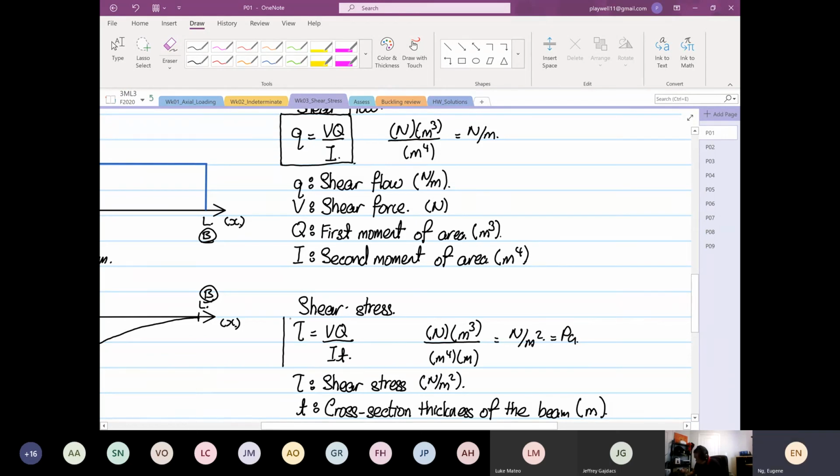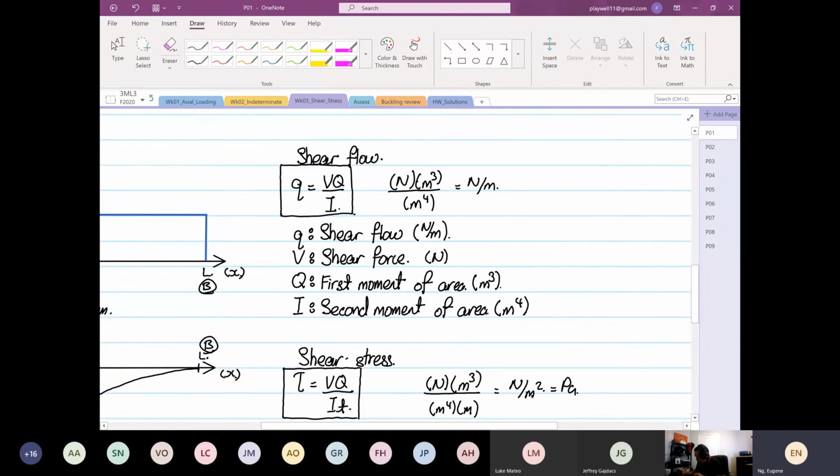So in this topic of shear stress, we only have two key formulas. One is the shear flow, and the other one is the shear stress.